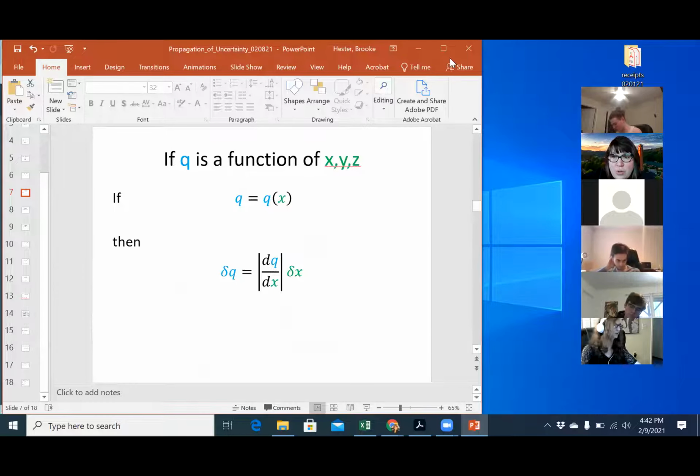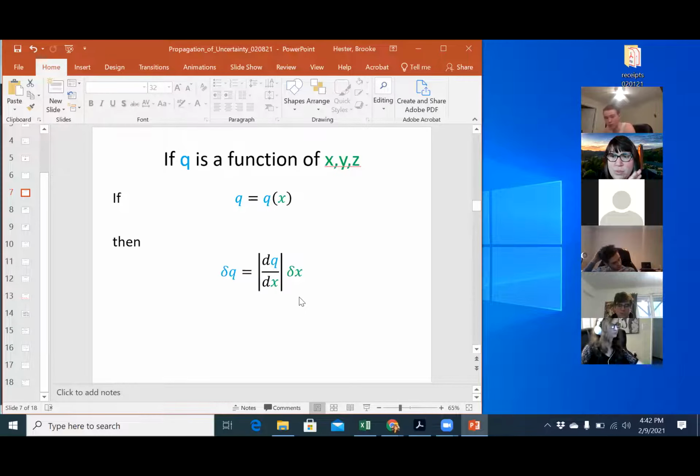Then our general formula for the uncertainty in q, our uncertainty in our calculated quantity based on the measured values, is going to be the derivative of q with respect to that variable, x in this case, times the uncertainty in x.